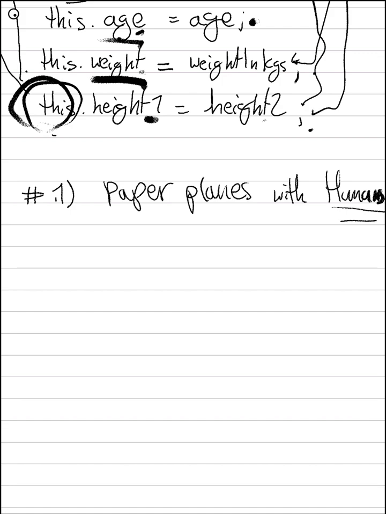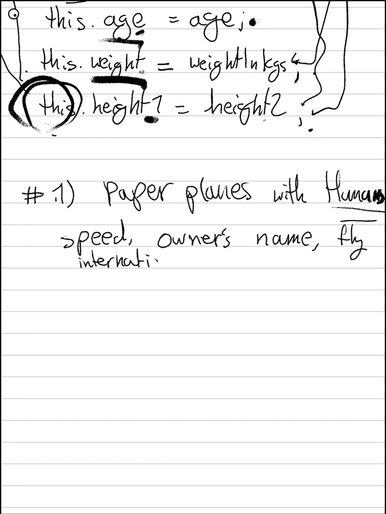And the important pieces of information about a paper plane are its speed, its owner's name, whether it can fly internationally, and how many passengers it can carry.